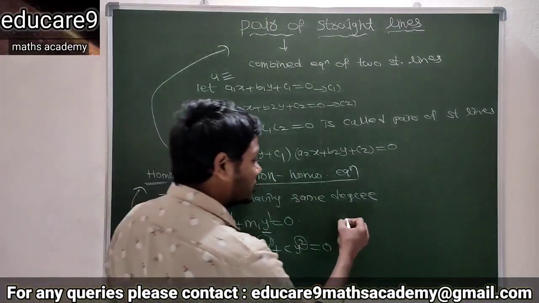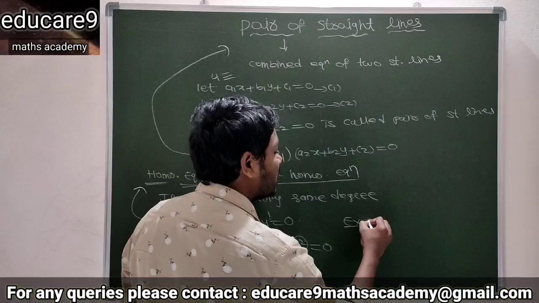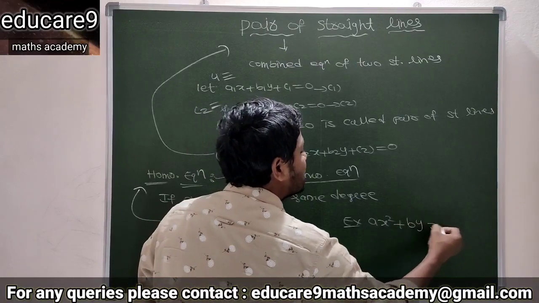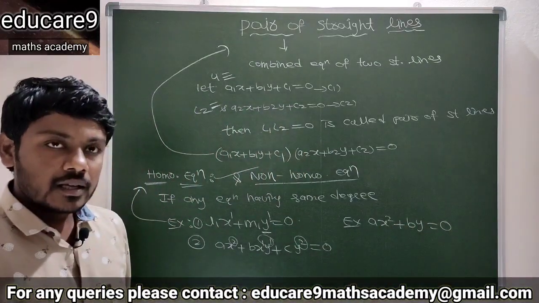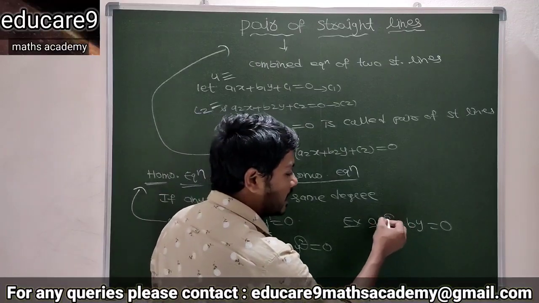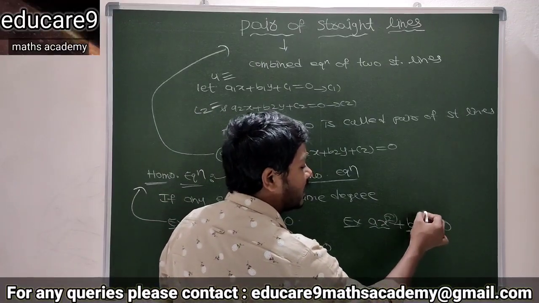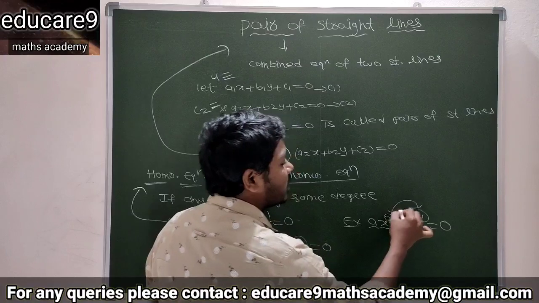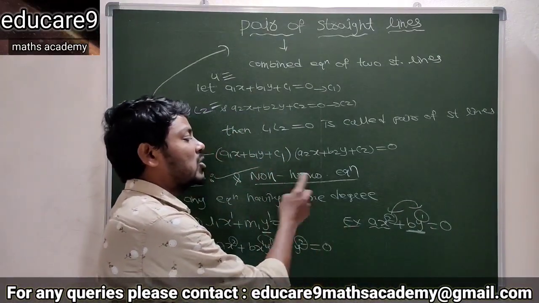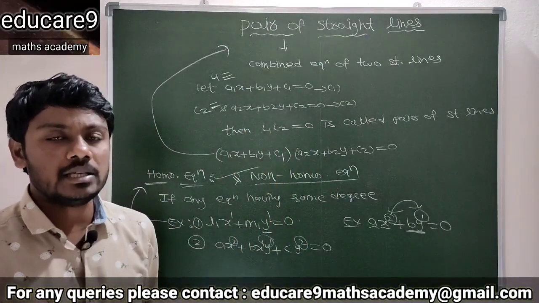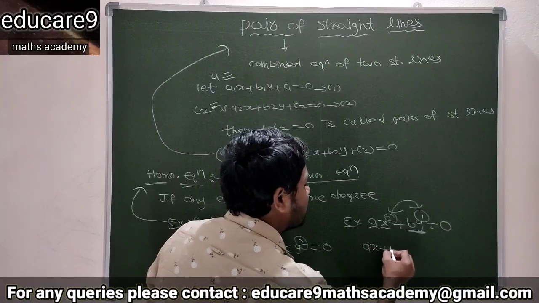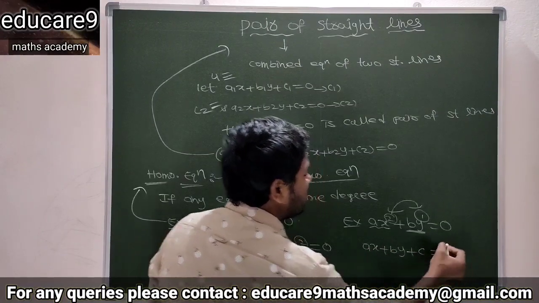For example, ax square plus by equals 0. The first term ax square has degree 2 and the second term by has degree 1. Both degrees are different, therefore this is called a non-homogeneous equation.